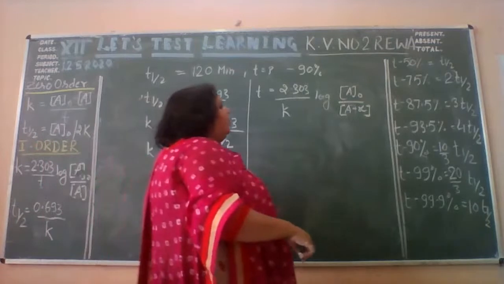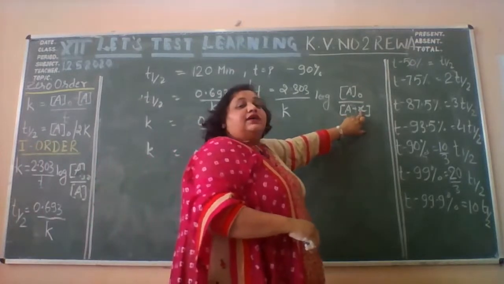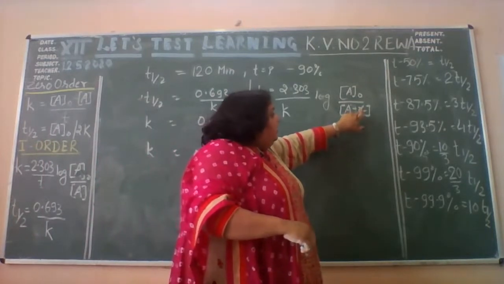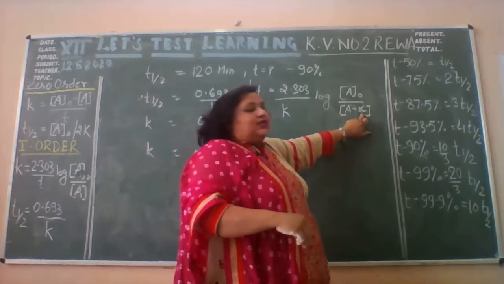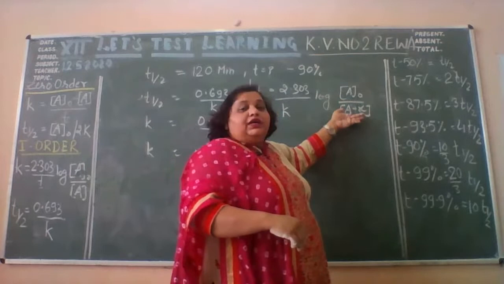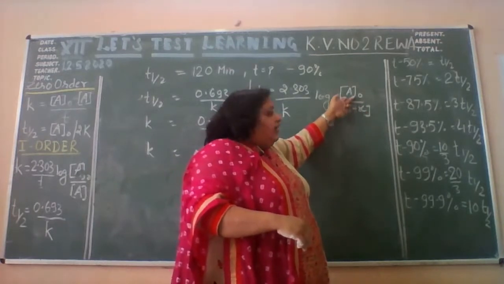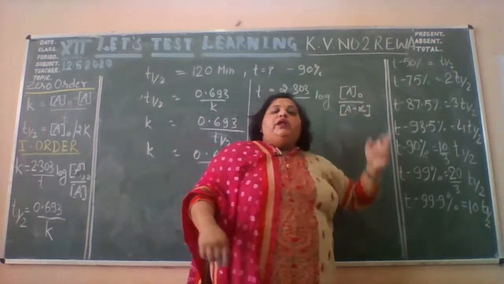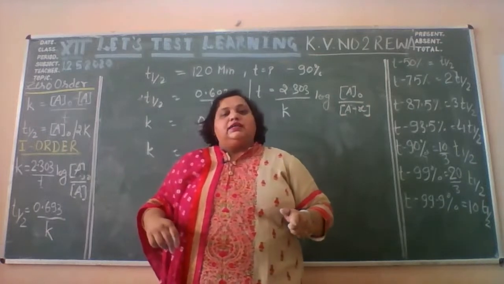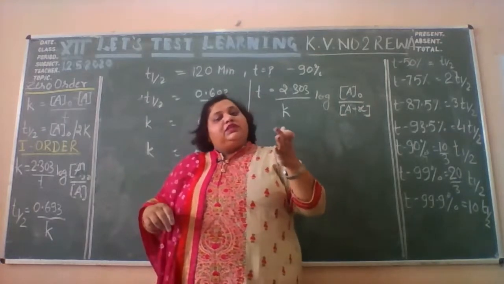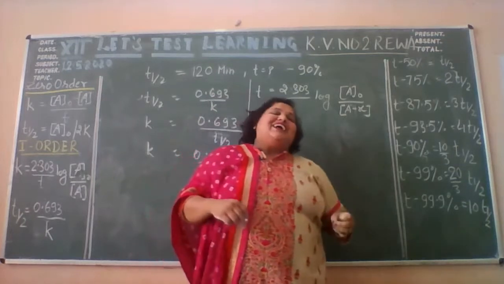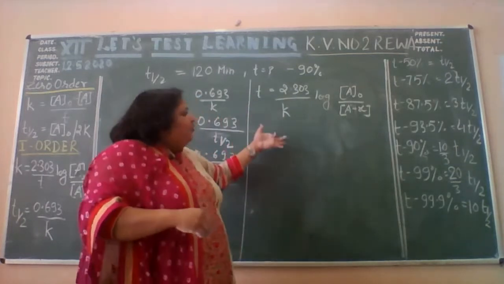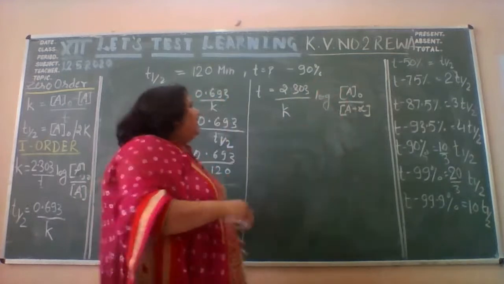In the beginning, I taught you that X is the 90, right? The 90% of the reactant is converted into the product. So what will be the value here? 10. The A naught will be 100. Wherever the percentage based questions are there, that means we are discussing with respect to the 100, right? So with respect to the 100, definitely A naught will be 100.